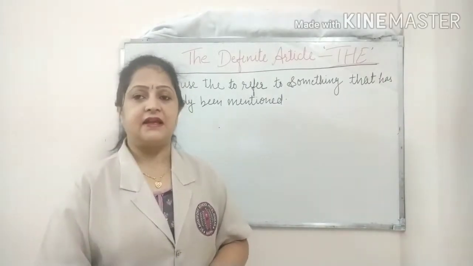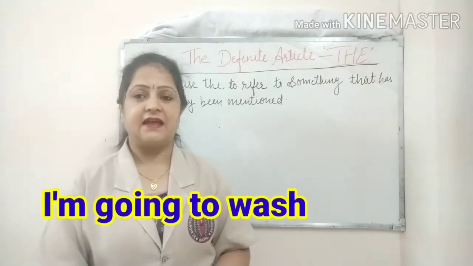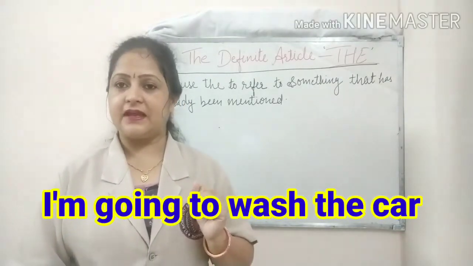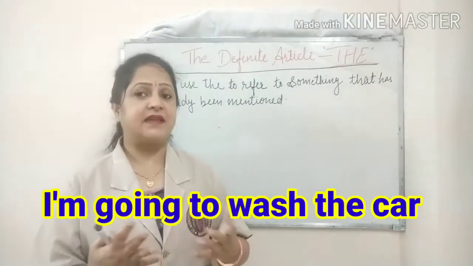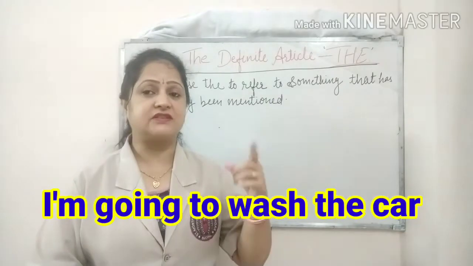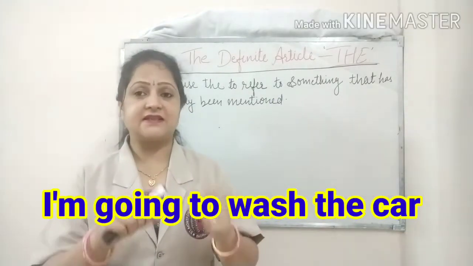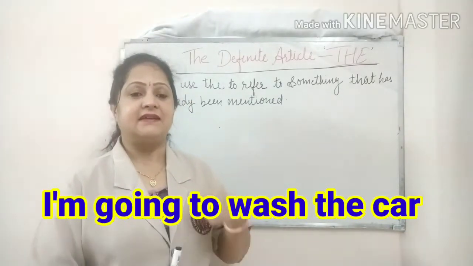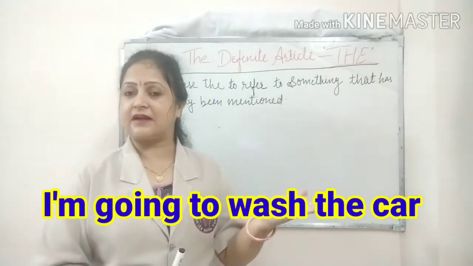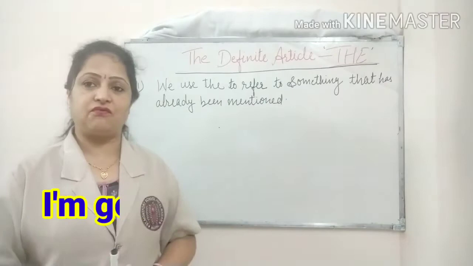For example, if the speaker says, I am going to wash the car. Here the speaker assumes that the listeners know about the car that he is going to wash.